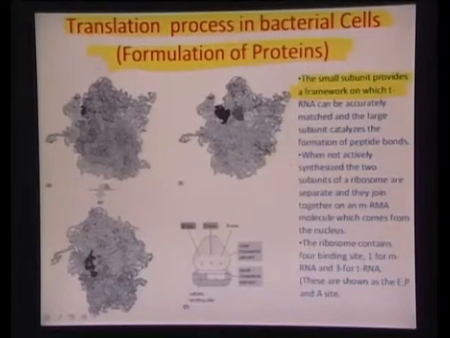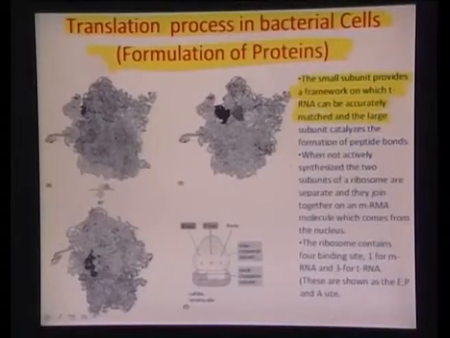Essentially this ribosome is one of the most intelligent nanomachineries ever available in nature, given by Mother Nature. A small subunit provides a framework on which tRNA can be accurately matched, and the large subunit catalyzes the formation of the peptide bonds.